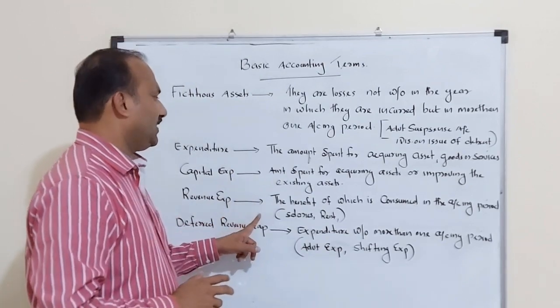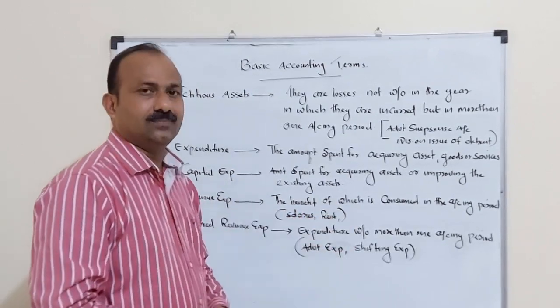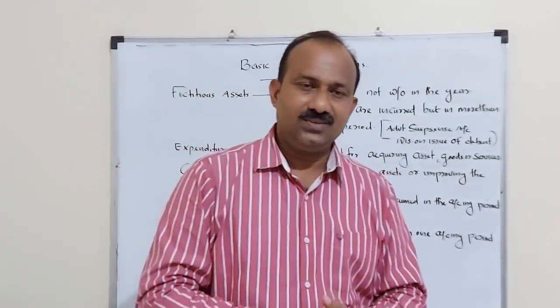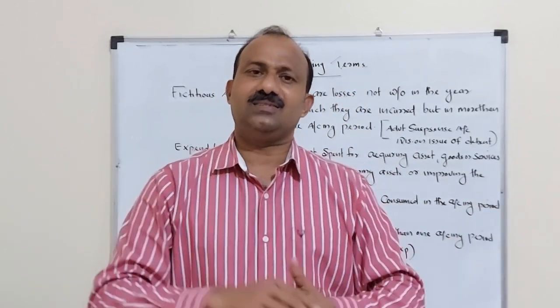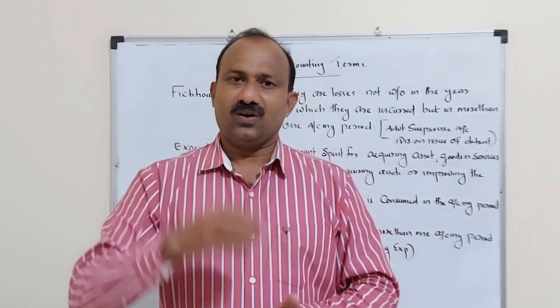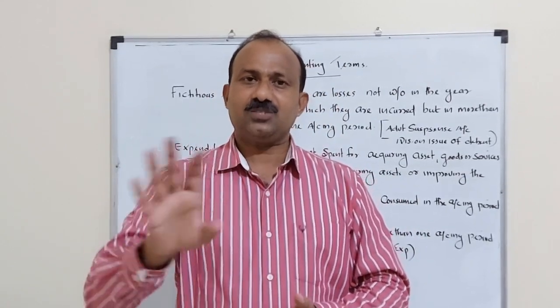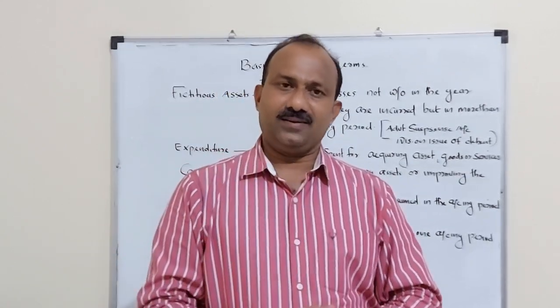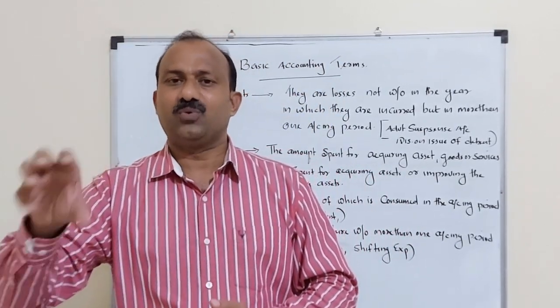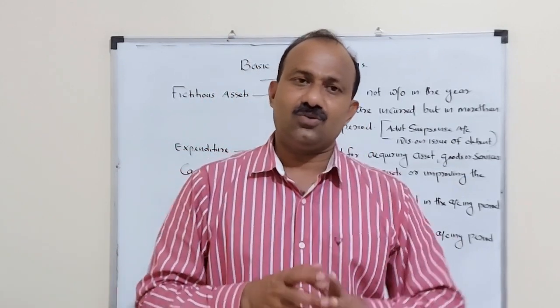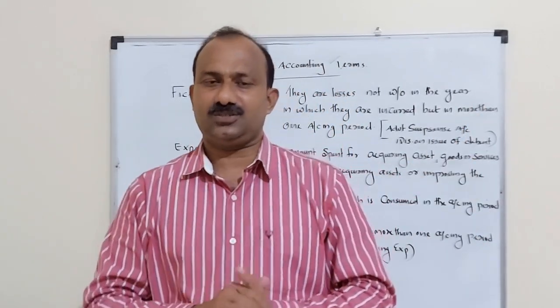Revenue expenditure, the benefit of which is consumed in the same accounting year. Salary paid, same accounting year, we are charging that one. Rent paid, water, electricity paid, salaries and wages paid, any expense paid which can be repeated every year. The benefit will be in that particular period only. That type of expenditure is known as revenue expenditure.